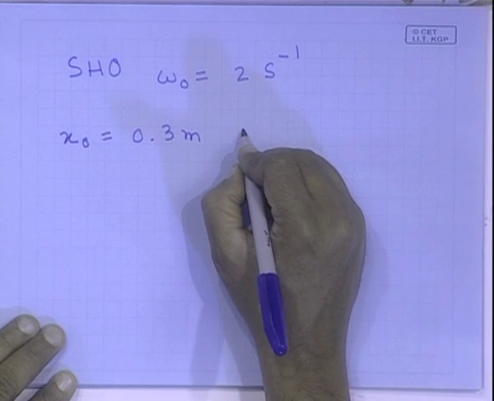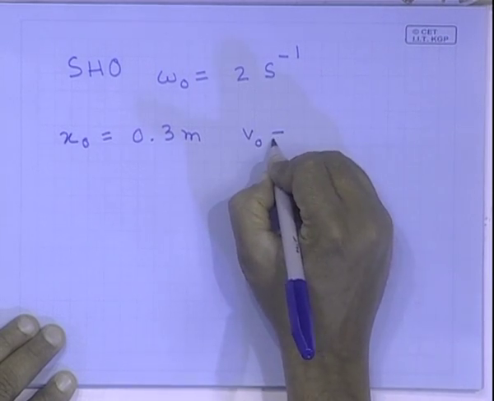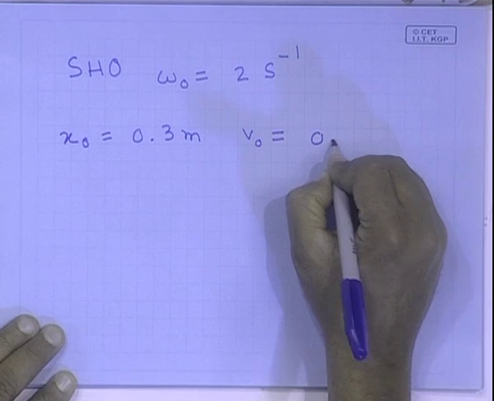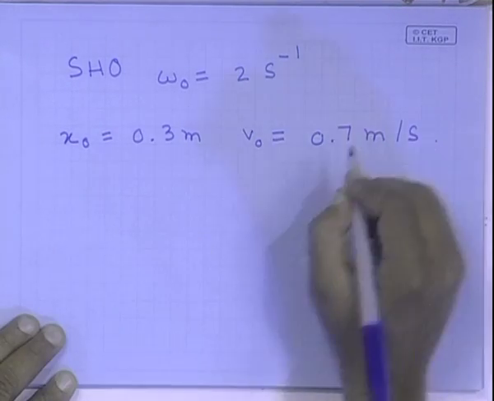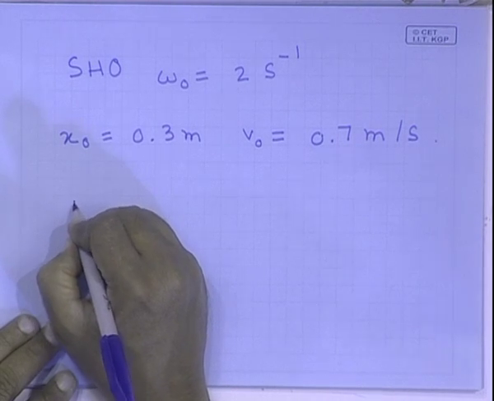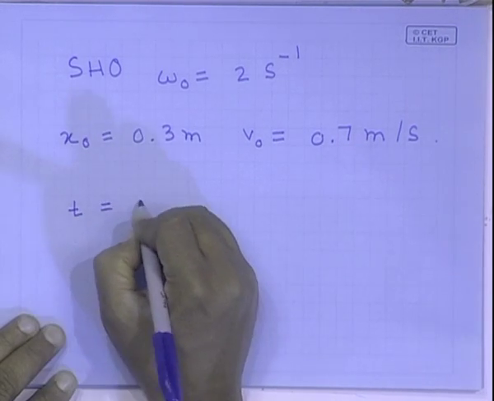It has an initial velocity v naught of 0.7 meters per second. So, these are the initial conditions at the time t equal to 0.